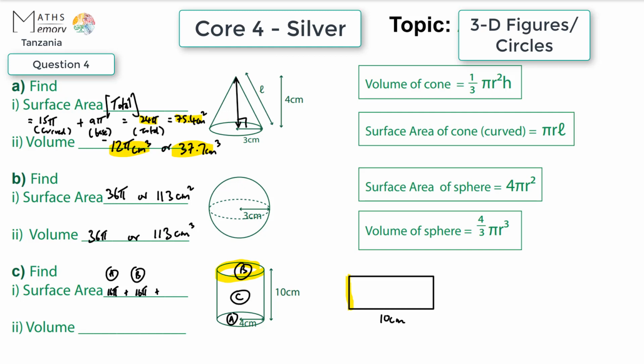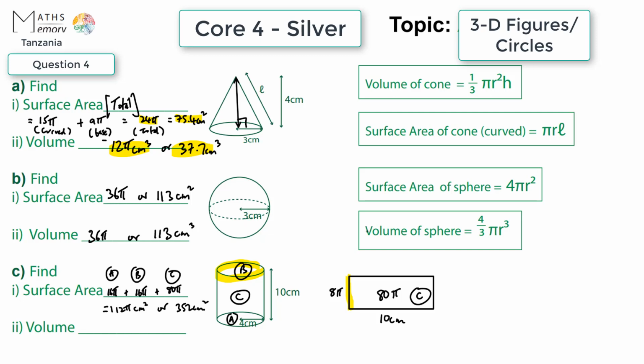So it's pi times d. Pi times d is simply double radius. You get 8 pi over there. So 80 pi is part C. So plus 80 pi. Answer is 112 pi centimeters squared, or the 3 sig figs, 352 centimeters squared.